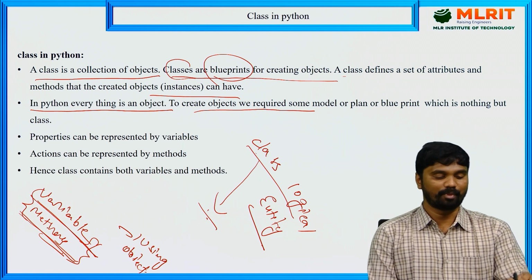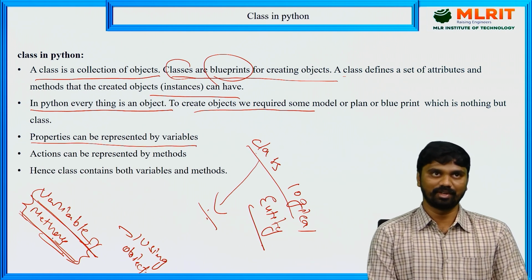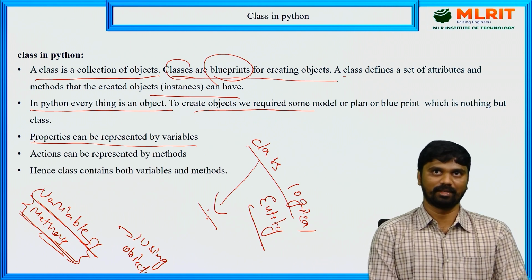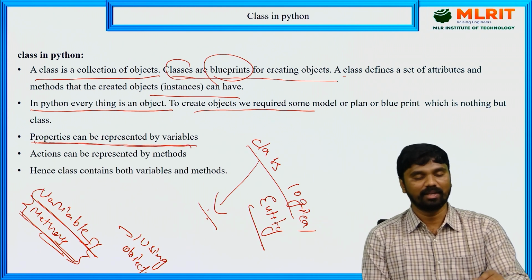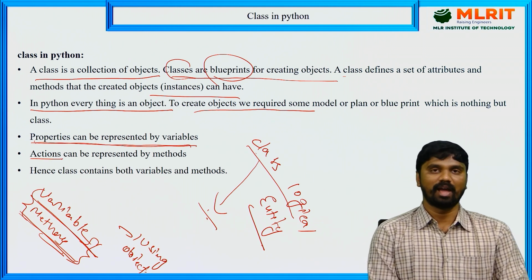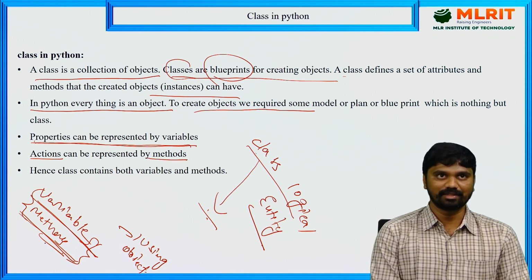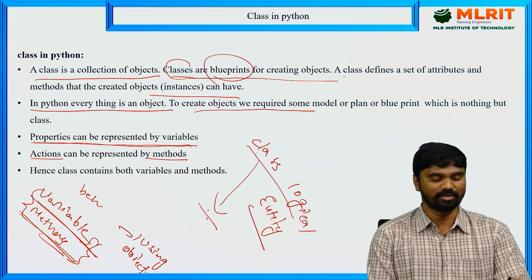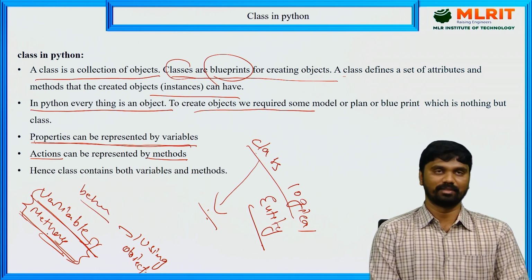Next, properties can be represented by variables. As we just discussed, properties, or attributes, are represented using variables. Actions can be represented by methods, or we can say behavior. Behavior or action is represented by methods.